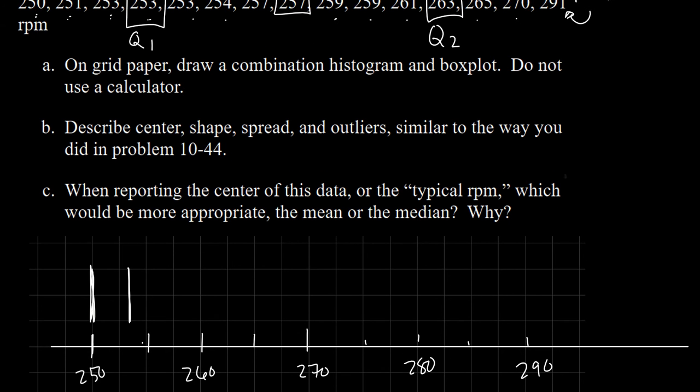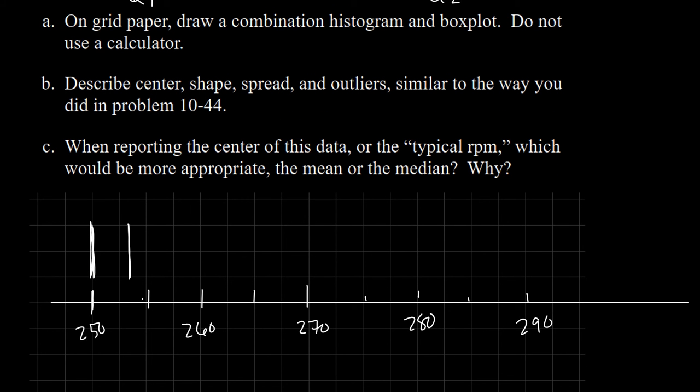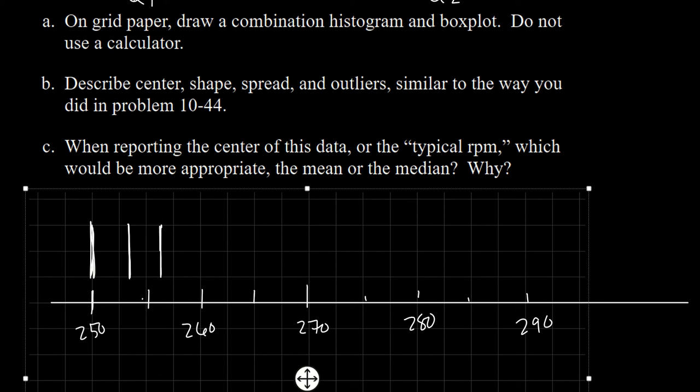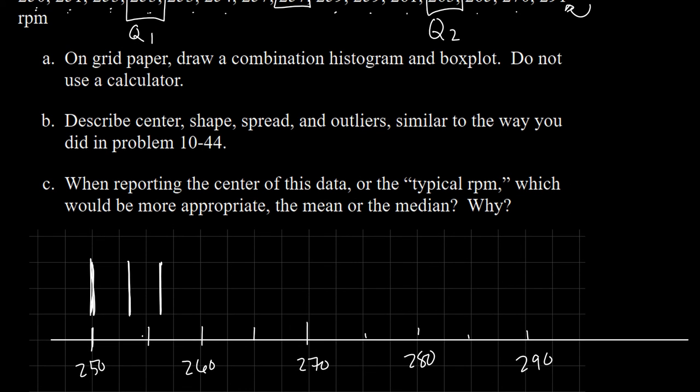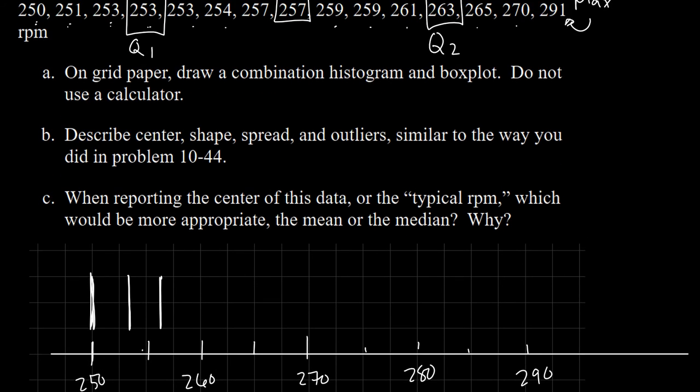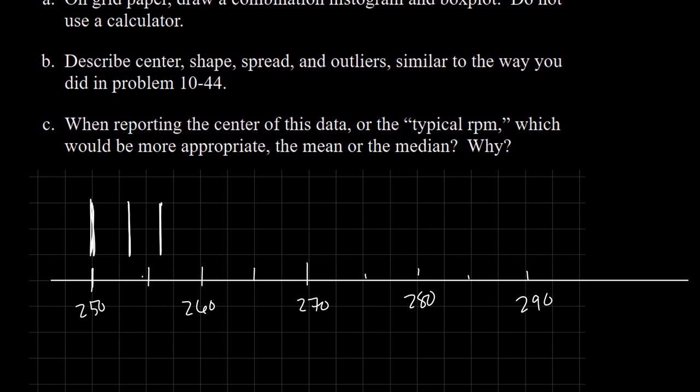And then my median was at 257. My goodness, look at this, 257. So 255, it's right about here. Quartile 3 is at 263, which is about here.